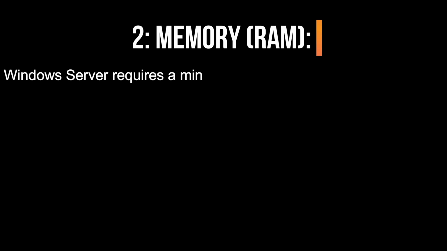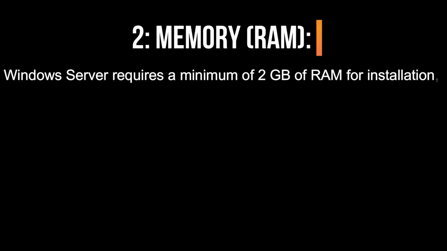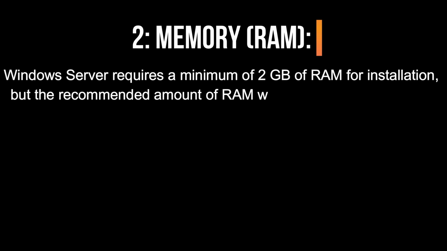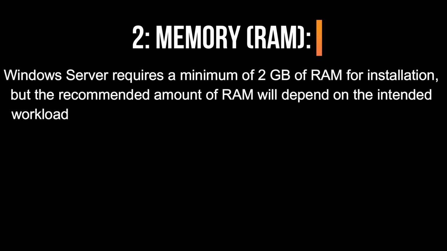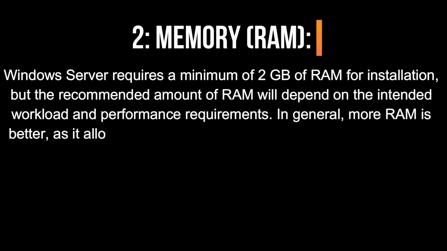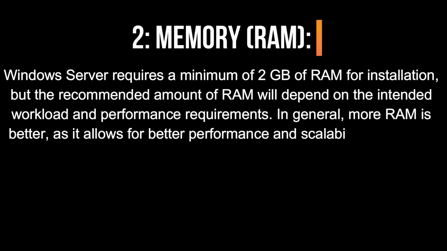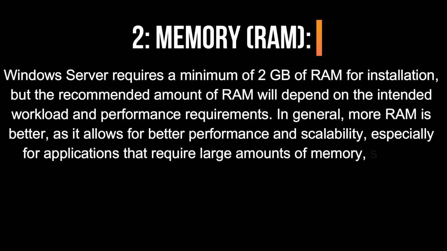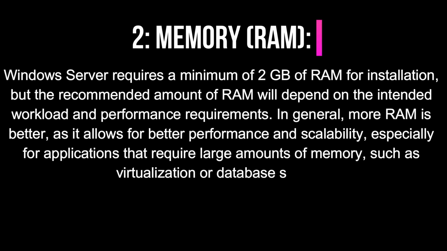2. Memory, RAM. Windows Server requires a minimum of 2 GB of RAM for installation, but the recommended amount of RAM will depend on the intended workload and performance requirements. In general, more RAM is better, as it allows for better performance and scalability, especially for applications that require large amounts of memory, such as virtualization or database servers. 3. Storage, hard disk.